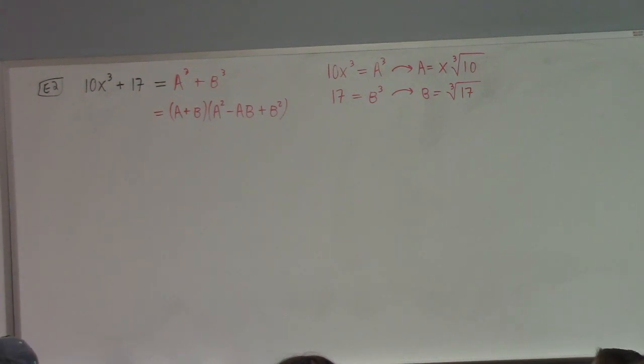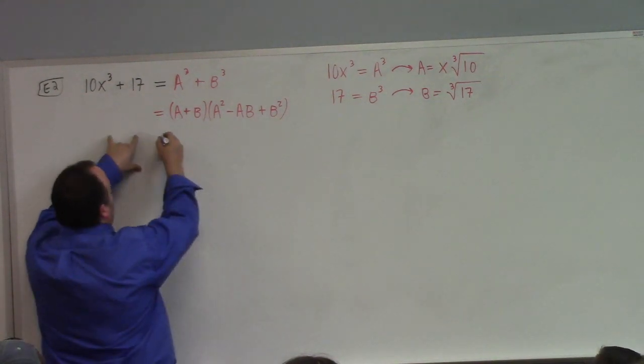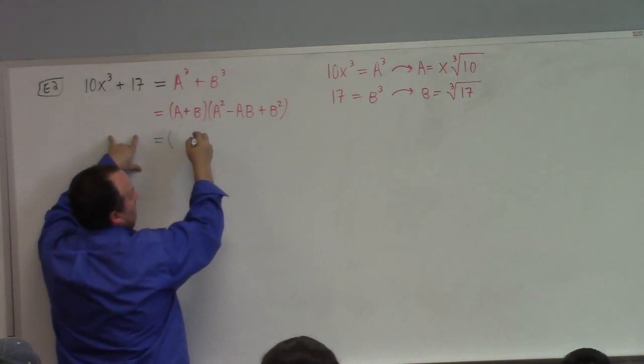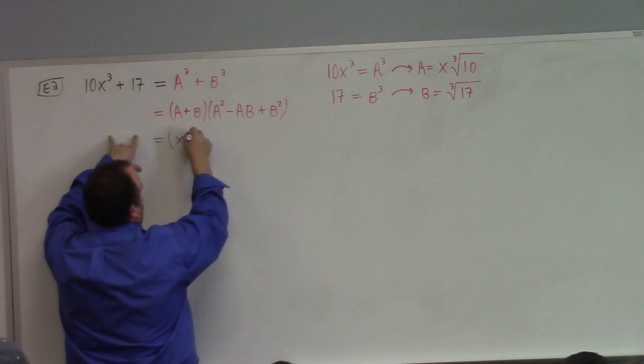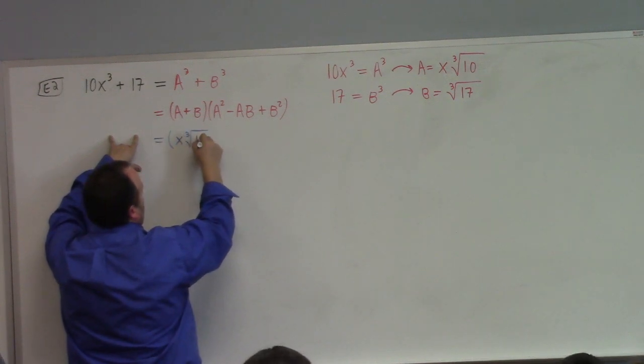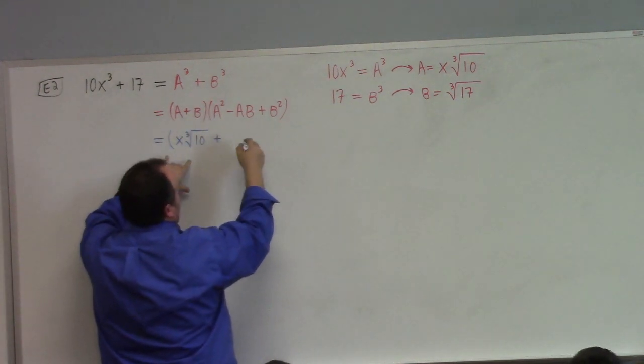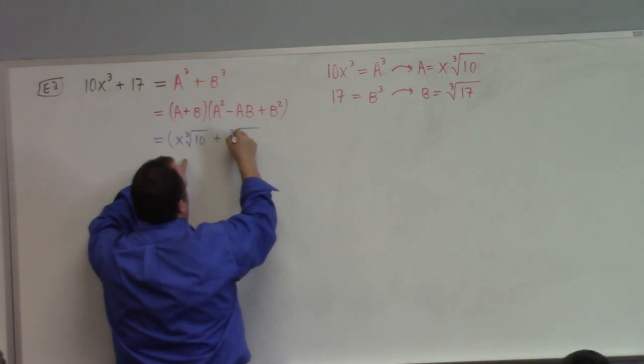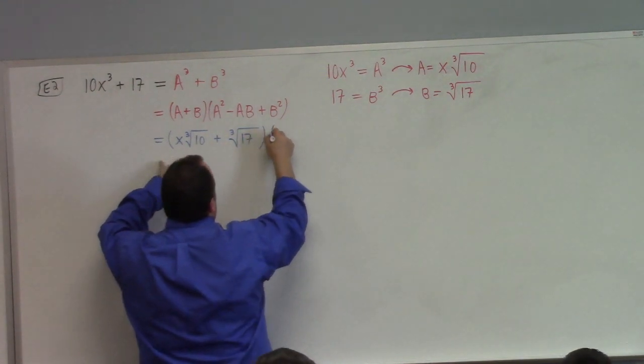All right, so here we go. We've got a plus b is going to be x times the cube root of 10 plus the cube root of 17. And then what's a squared?